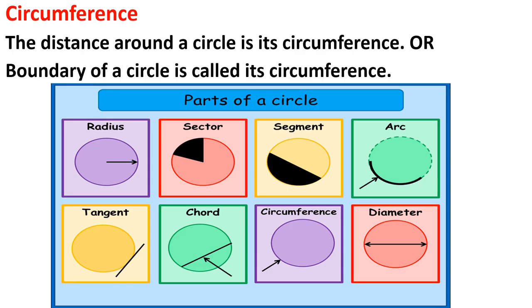The boundary of a circle is called its circumference. Diameter. The diameter passes through the center of the circle, that is the first condition. Second, its two endpoints lie on the circumference of the circle. I hope now every part of the circle is clear to you. Everything is clear. Okay?